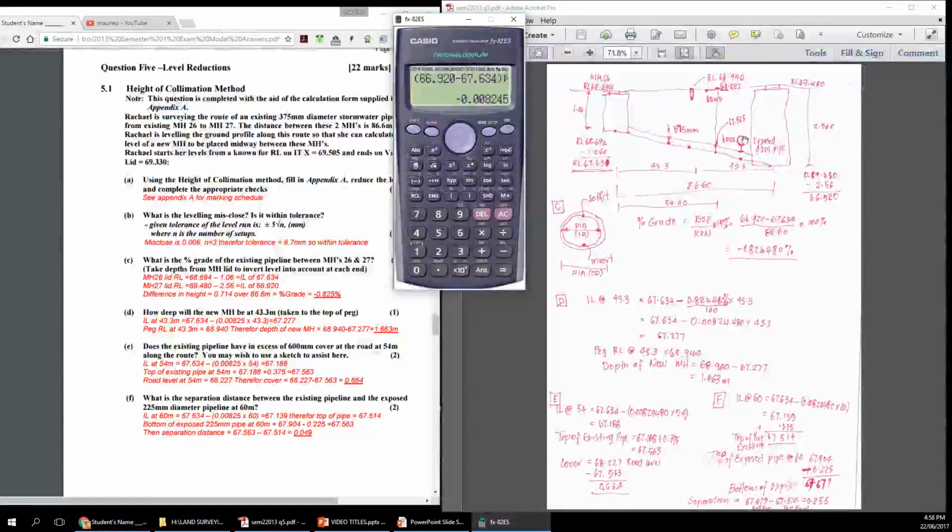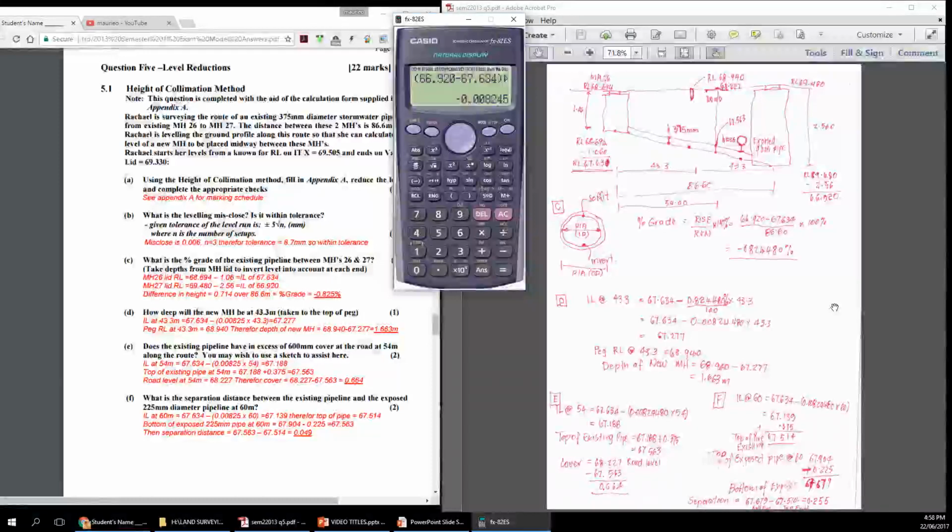So the invert level here, obviously we know the grade now. Here's the grade between the two pipes. So the invert level at 43.3 will be 67.634, which is the RL here, minus 0.8244, the percentage grade over 100, times 43.3, which is the distance that we're travelling.